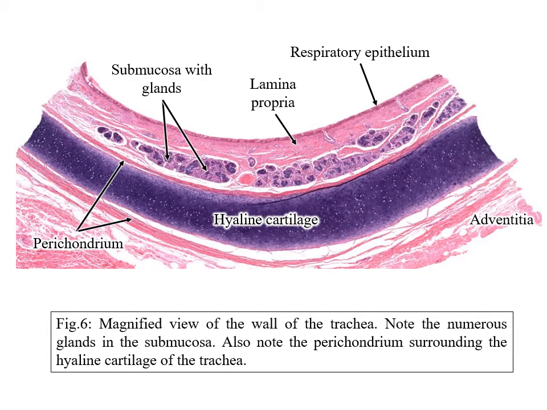Again, this requires a special stain and cannot be seen here in the slide. The third layer is hyaline cartilage. Remember, the hyaline cartilage is surrounded by perichondrium on each side. This layer here and this layer here, these are perichondrium. Finally, the outermost layer is, of course, adventitia.